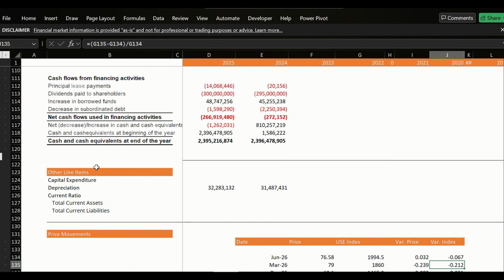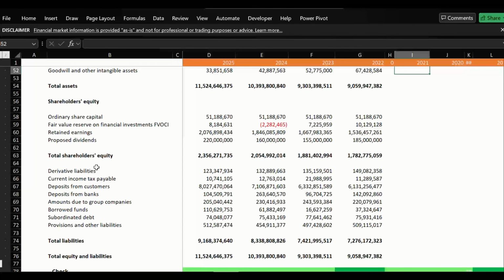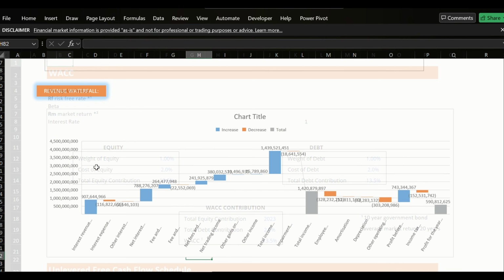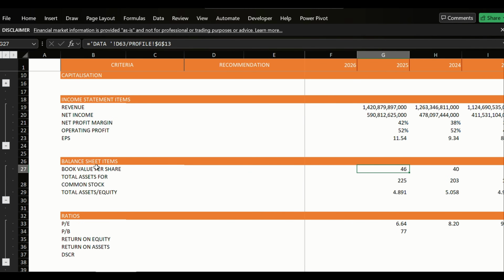Because I know there are no preferred shares, it's nothing like preferred shares here. So to delete from all the book values, shareholders' equity necessarily. So the price to book value per share.